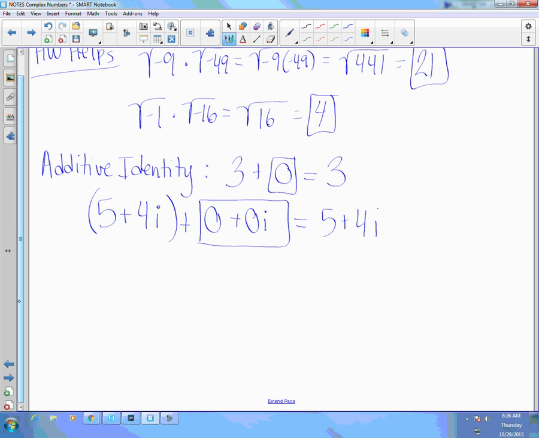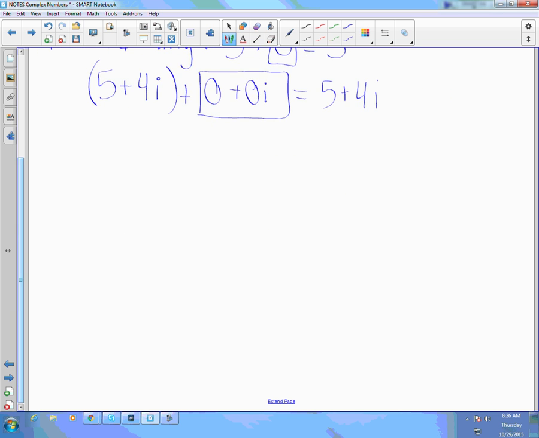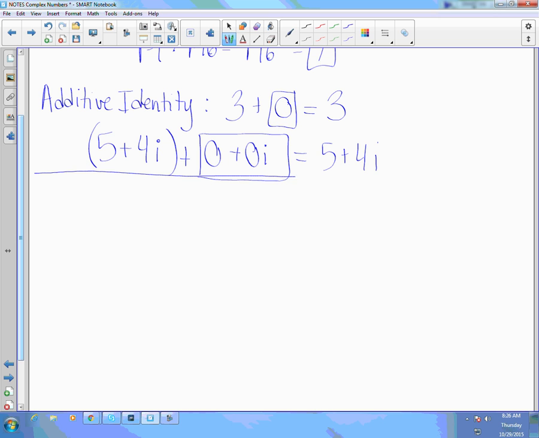Additive inverse is different. Because inverse is when we're solving. What's the inverse of addition? Subtraction. Why? Why are those inverses? It completely undoes it, right?